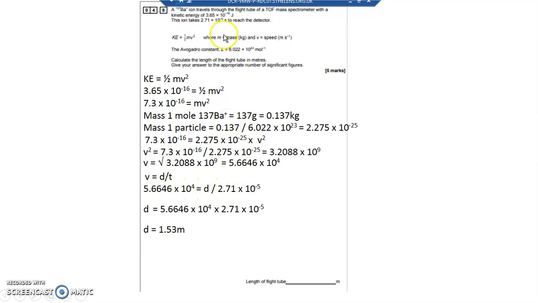I've got my time, given in the question, which is 2.71 times 10 to the minus 5. The ion takes 2.71 times 10 to the minus 5 seconds to reach the detector. So I multiply these two numbers together and my distance is 1.53 meters.